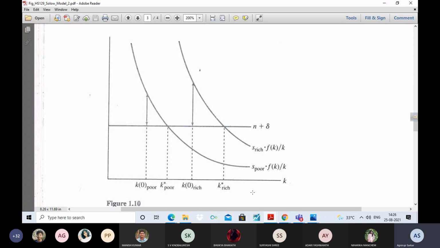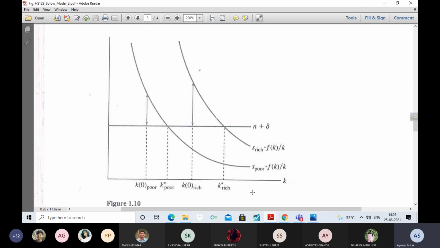So basically, we consider the case in which s poor is less than s rich, and hence K star poor is less than K star rich, because these differences very likely explain why K naught poor is less than K naught rich at the initial date.